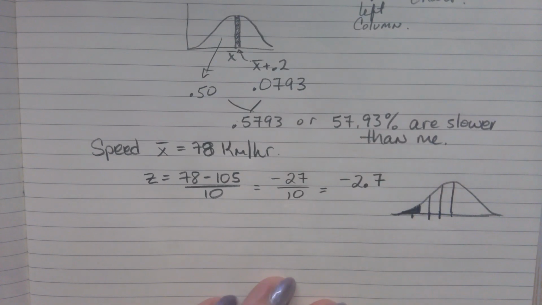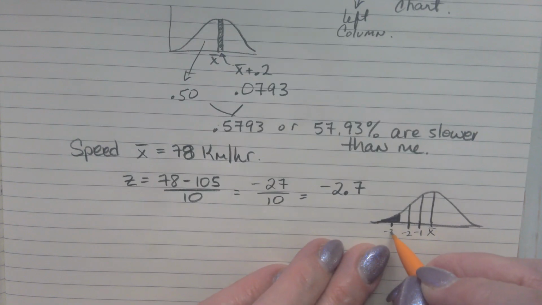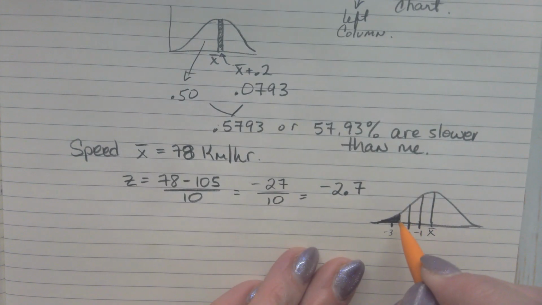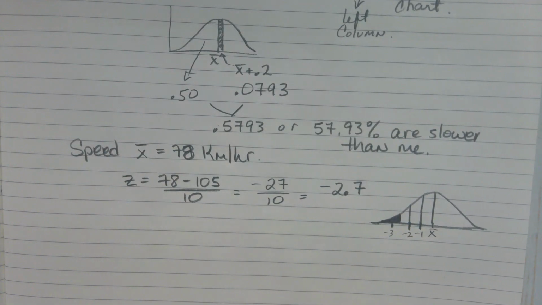So here's -1, here's -2, here's -3. So that percentage is what I'm looking at, or my area. They always say area under the curve. I like to think of it as percentages. It doesn't make a difference. In decimal form, it's an area. Percentage form, it's a probability.